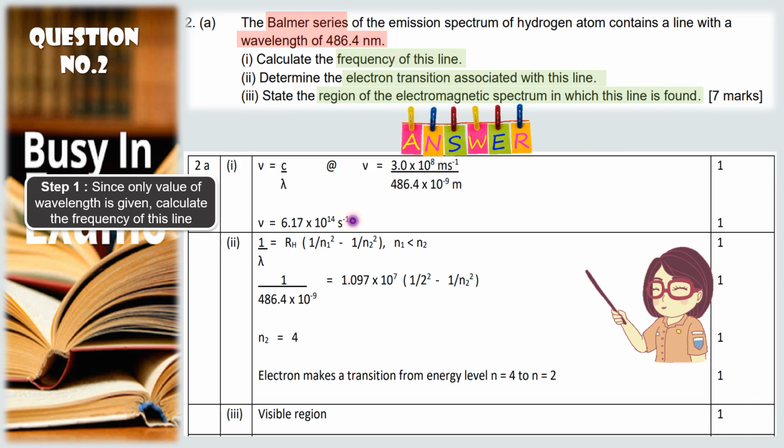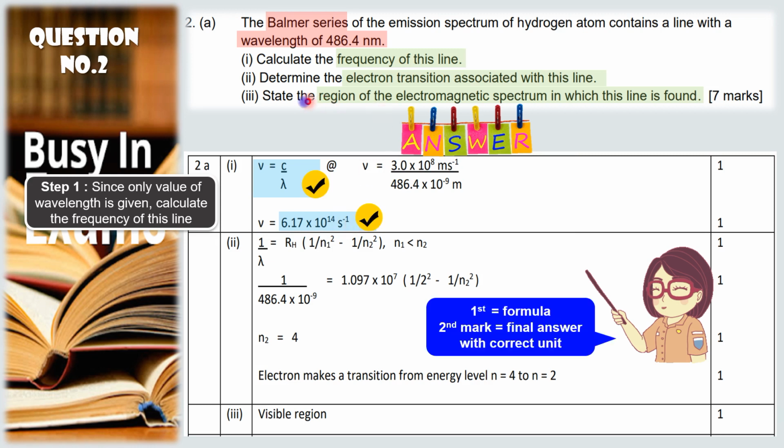Alright, so next you will get the final answer, that is 6.17 times 10 power of 14 per second. So remember, unit is insisted. Unit is compulsory.